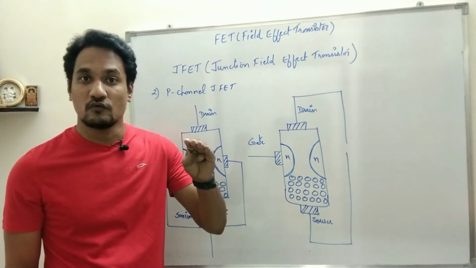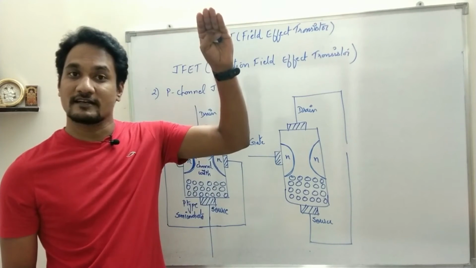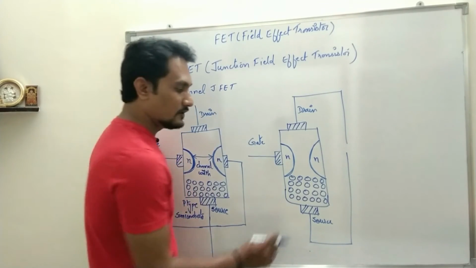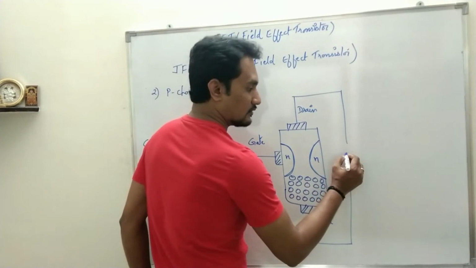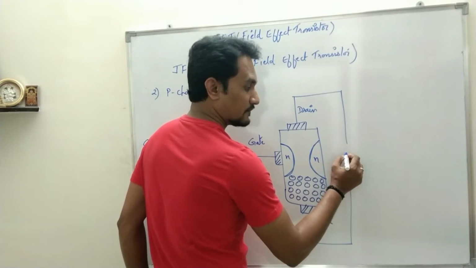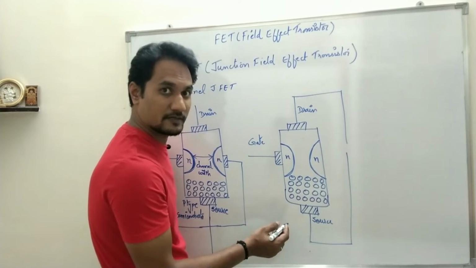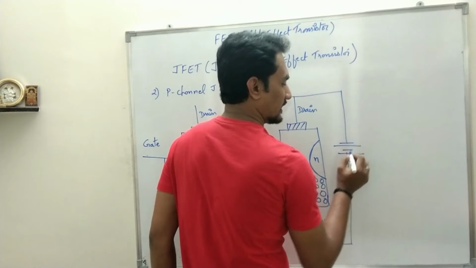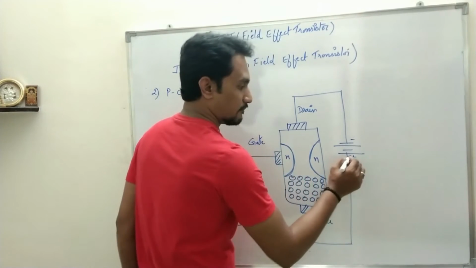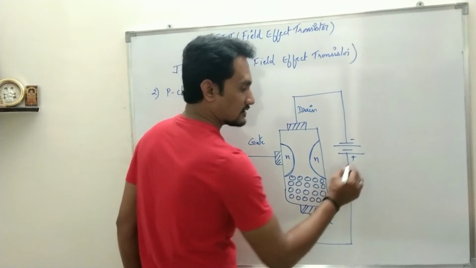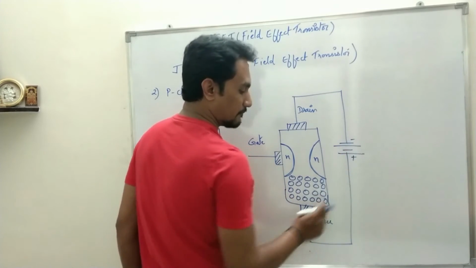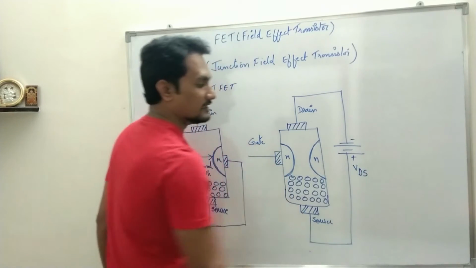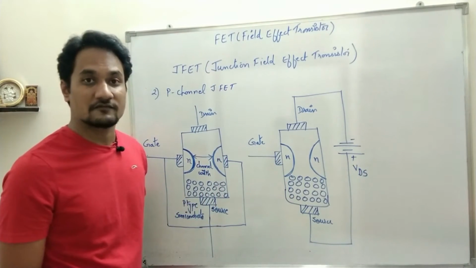So holes have to move from source towards drain, only then we say the current is flowing through the transistor. Same terminals repel each other, so source is connected to positive and drain to negative. Positive terminal will repel holes, and this potential is applied between the two terminals, source and drain, therefore it is called VDS.